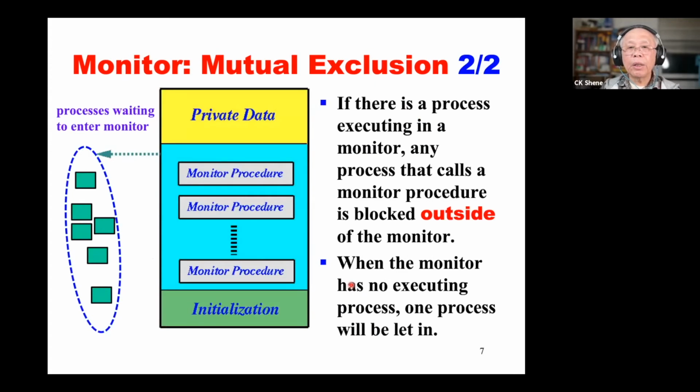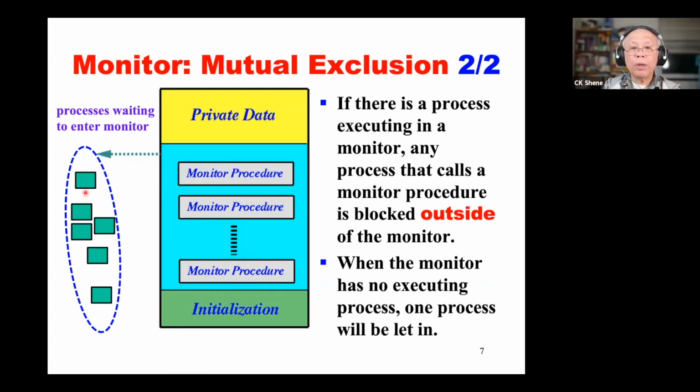So here is a diagram showing you the concept of mutual exclusion. We have a monitor. This monitor has some initialization procedure, the constructors. And the monitor has some private data. It has no public data. And a set of monitor procedures, some of them may be public, some others may be private.